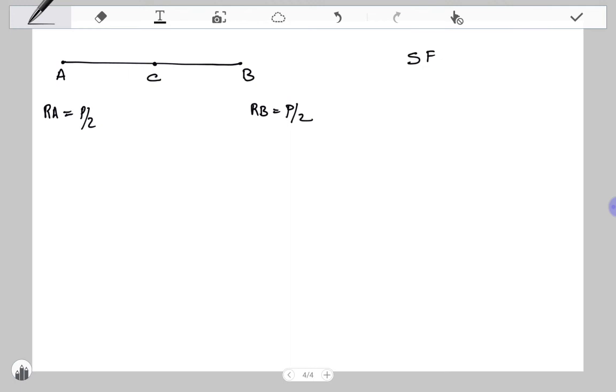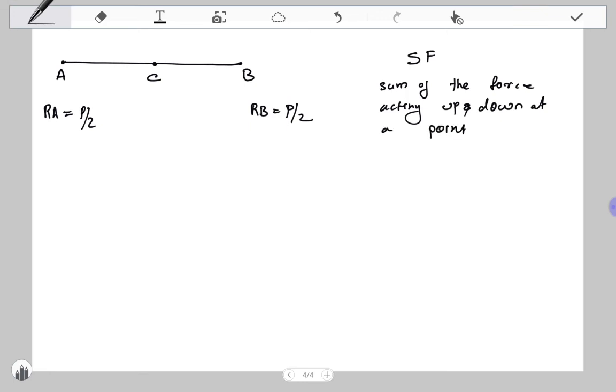Shear force is the sum of the forces acting up and down at a point.